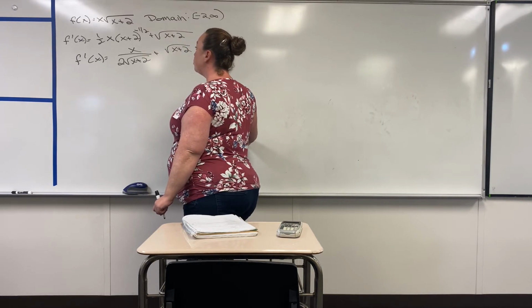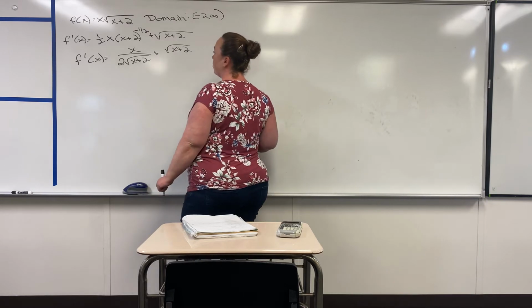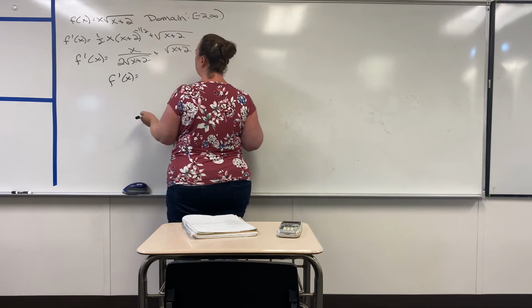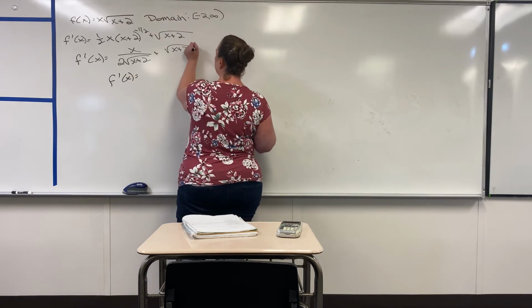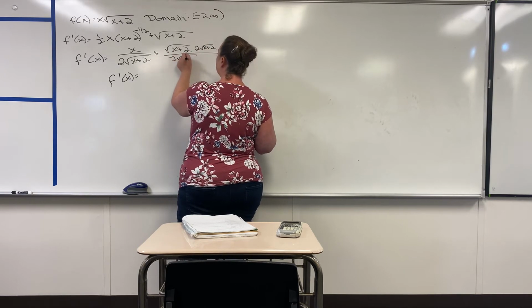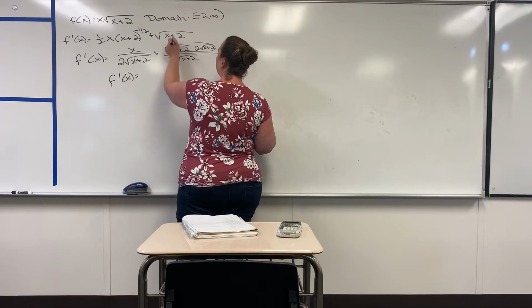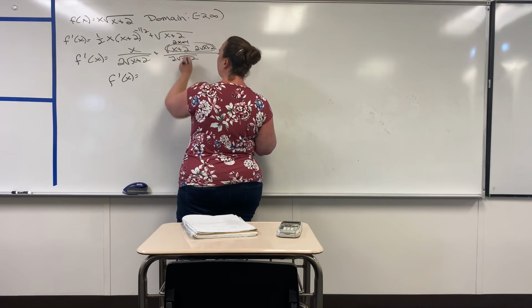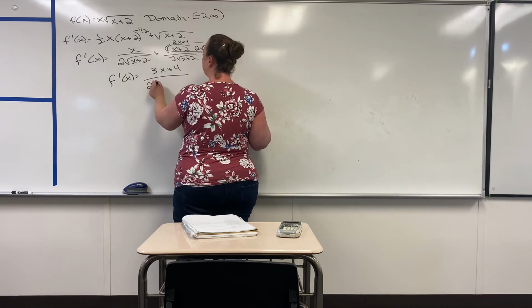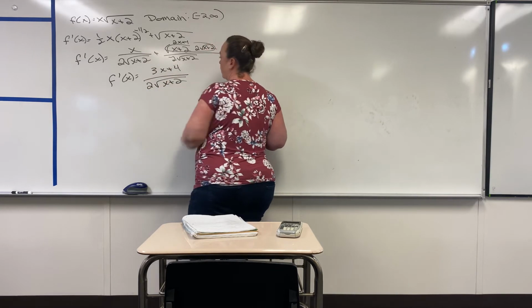Then I would probably take it and make common denominators so that you can just do quotient rule once to find your second derivative. So then really here, you're looking at 2x plus 4, so then you've got 3x plus 4 over 2 square root x plus 2.